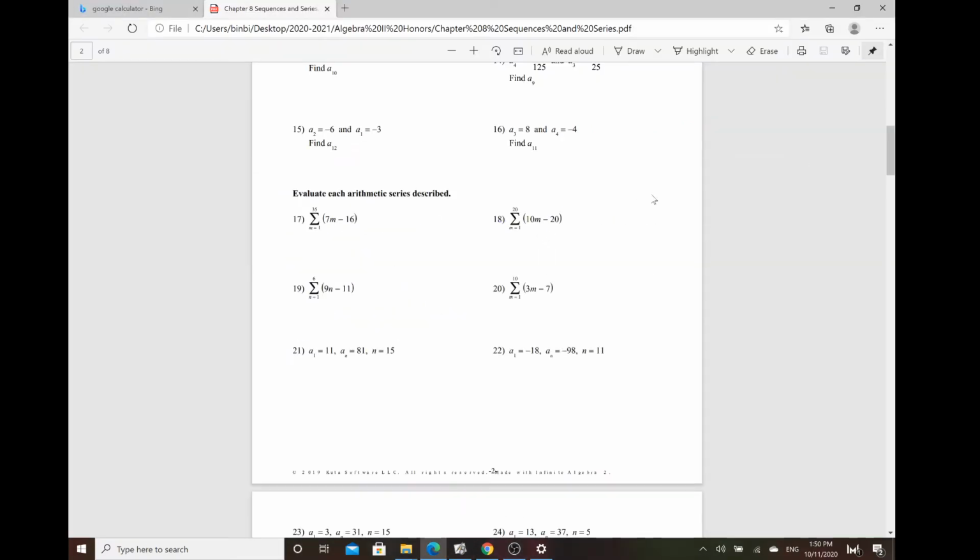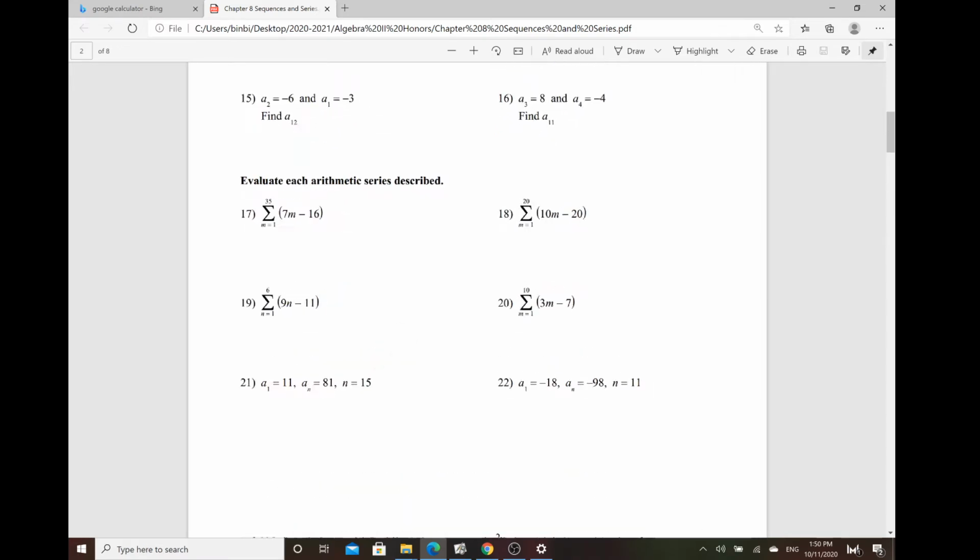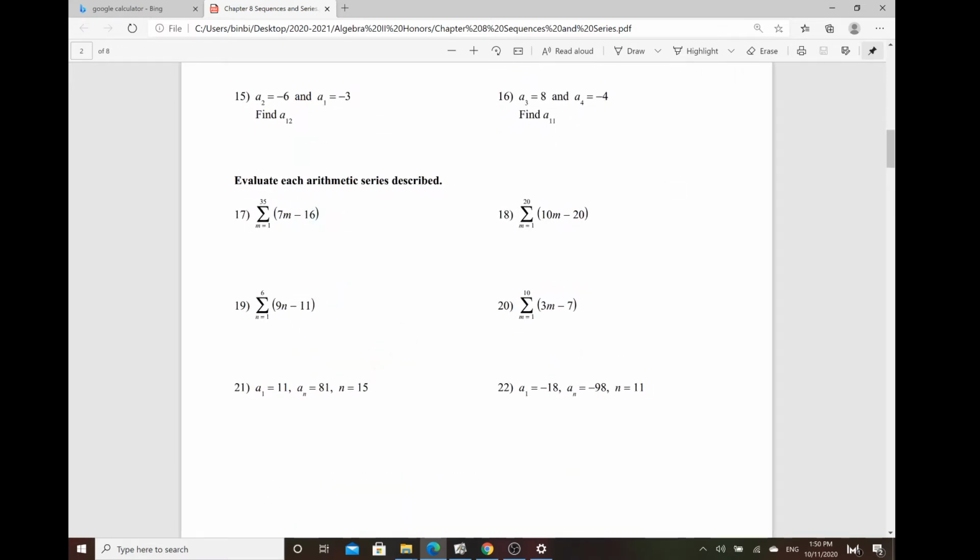For number 18, we have sigma m equals 1 all the way to the 20th term, where the sequence is 10m minus 20.